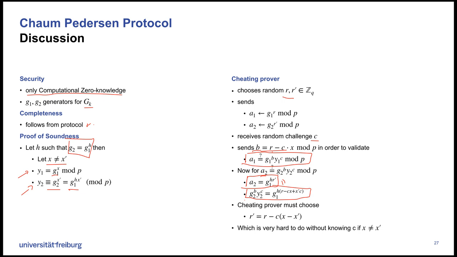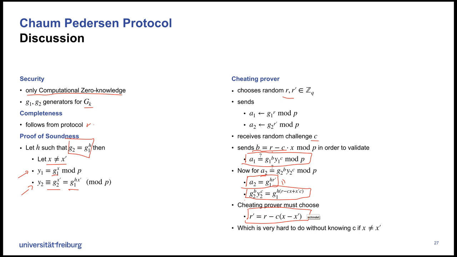Now I can divide by H because H is not 0, because otherwise this generator would be 1. So what I get is that the cheating prover must choose something like that. So the R prime must be equal to R minus C times (x minus x prime), and x minus x prime is now different, so this is not 0.